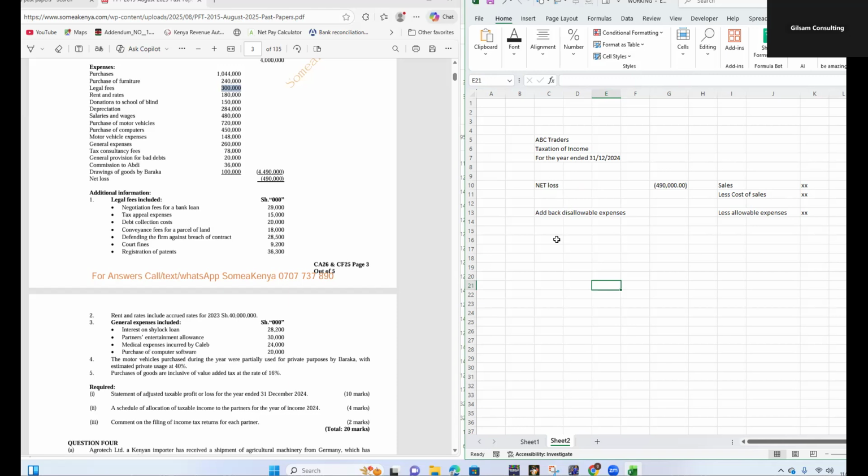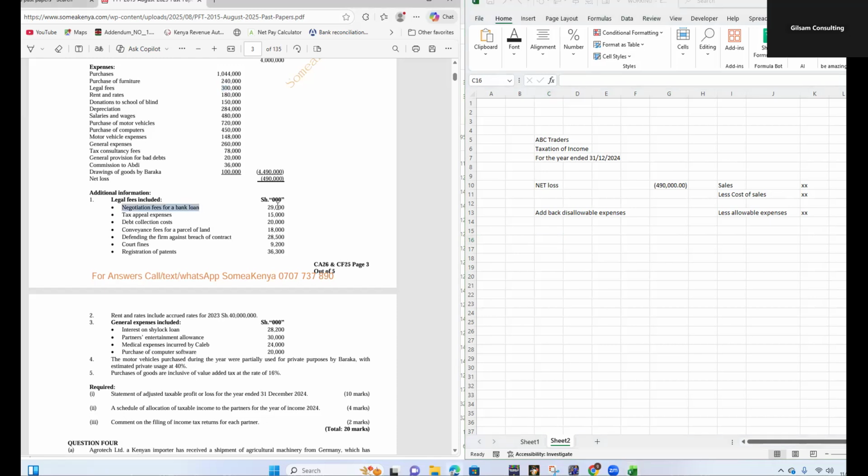So we have the legal fee. You will be determining each and every transaction to see whether it relates to the generation of business income. The cumulative value of the legal fee is 300,000, but there is a breakdown. The first is a negotiation fee for a bank loan.